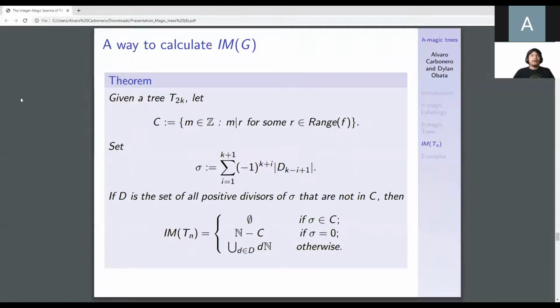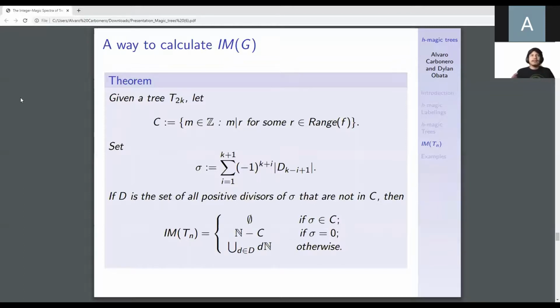So by studying the way that the proofs of previous results, in particular those by our mentor, Dr. Salehi, we managed to find the relationship between this sigma and that set C. In particular, that relationship is stated in the main theorem.